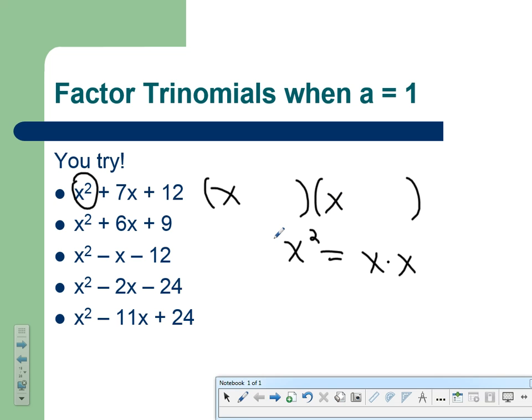Now, the next thing that we want to do is look at our constant term of positive 12. And we want to list out all of the factor pairs of positive 12.